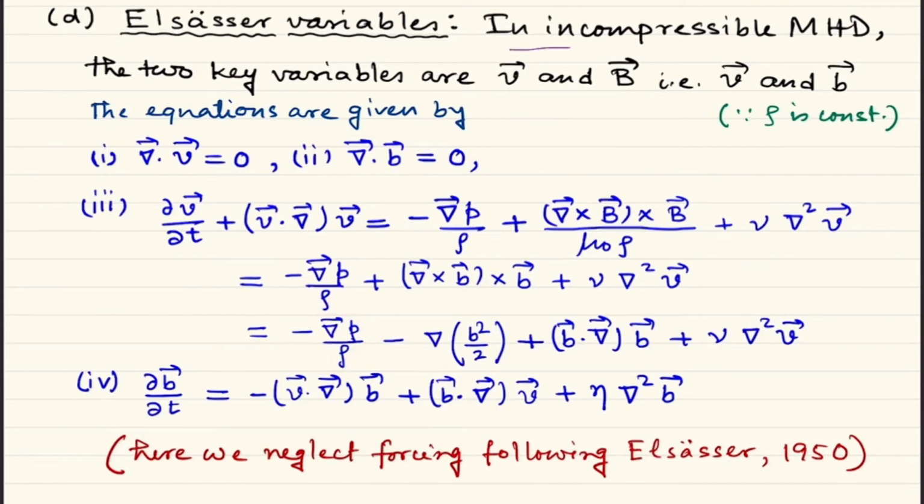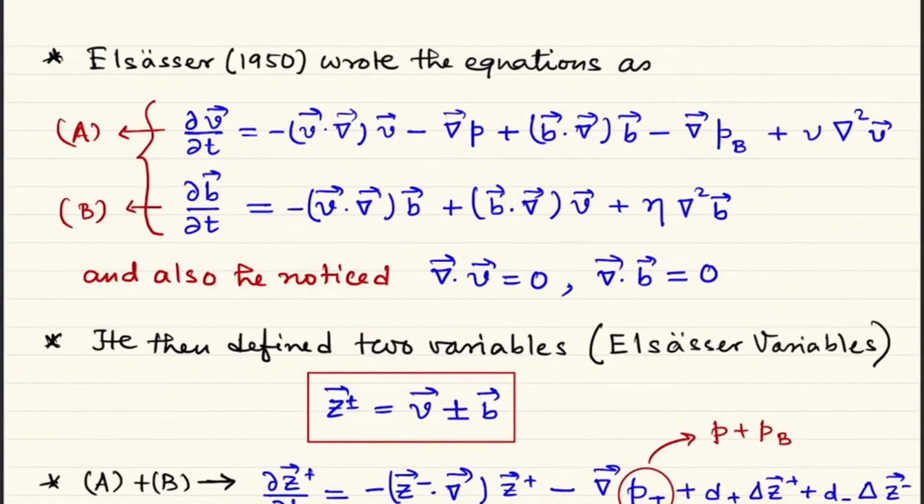Elsasser just observed this thing, and he once again wrote this equation as ∂V/∂t is equal to minus V dot nabla V minus gradient of P plus B dot nabla B minus gradient of PB, that is the magnetic pressure, plus nu times Laplacian V. Laplacian means the nabla square.